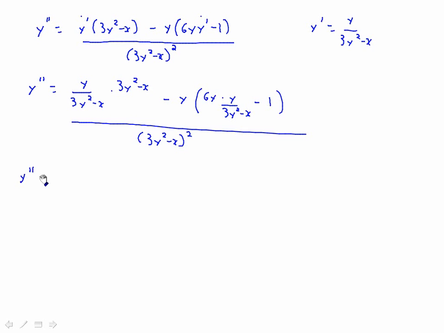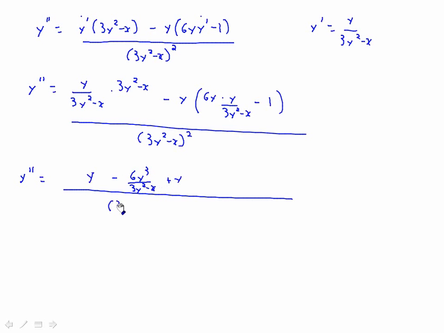And then that does cancel, the 3y squared minus x, and we're left with just y minus, now I'm going to distribute that negative y in, so that'll give me 6y to the 3 over 3y squared minus x, and then the negative y times the negative 1 is plus 1.